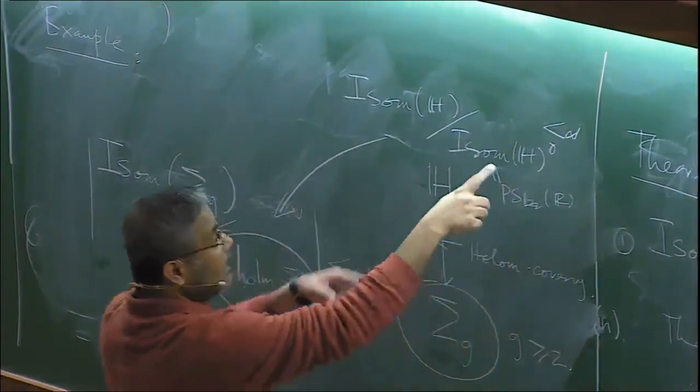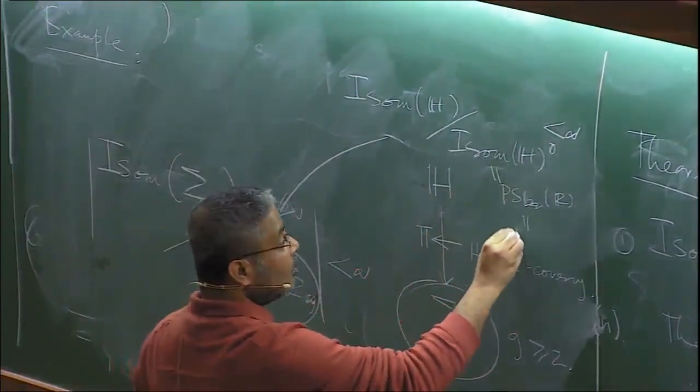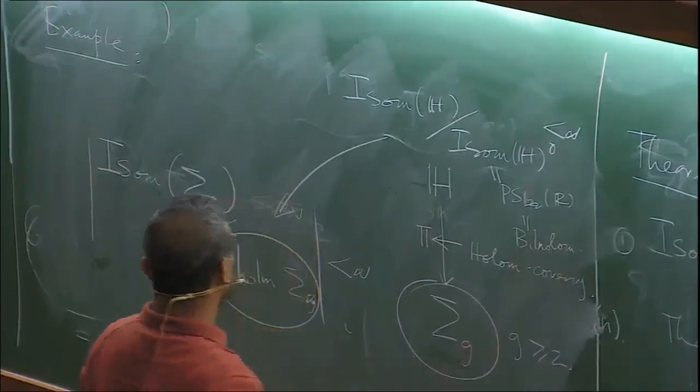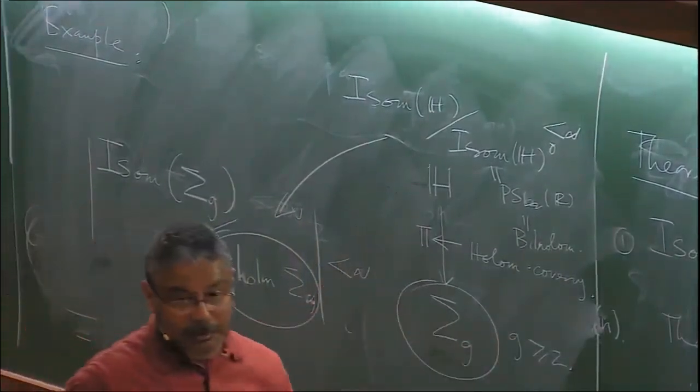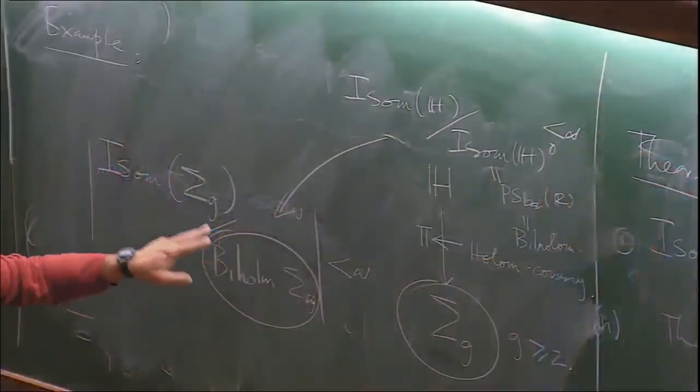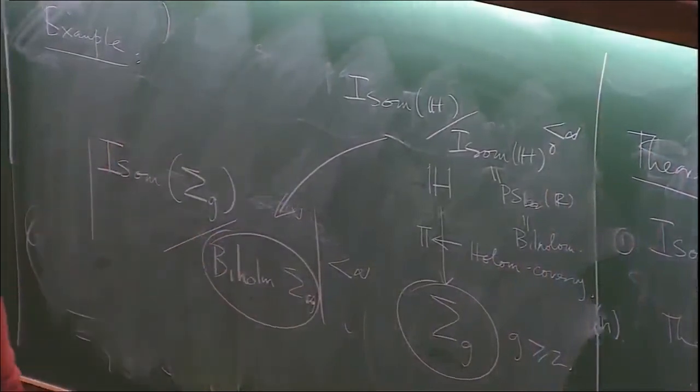And this happens to be the biholomorphic automorphisms also. Biholomorphic automorphisms are like Mobius transformations. And this is PSL(2,R). They happen to be the connected component of the isometries of H. And this is why this is finite. And we know this is finite. So the isometry group of Σ_G is finite.